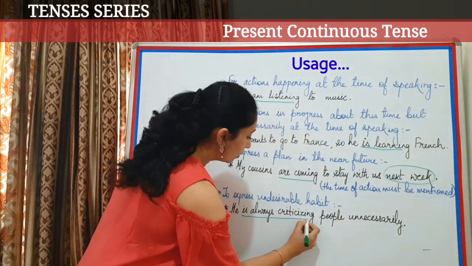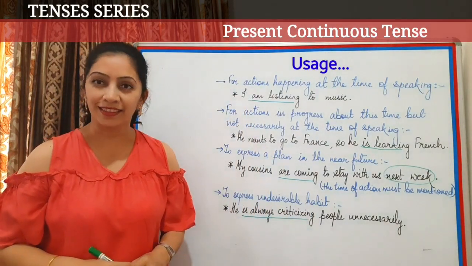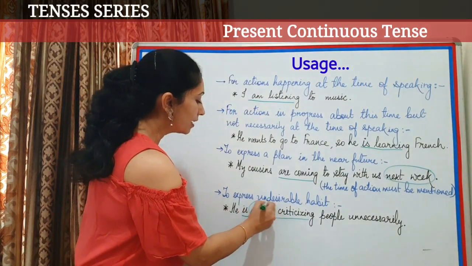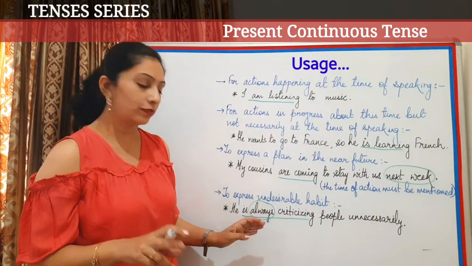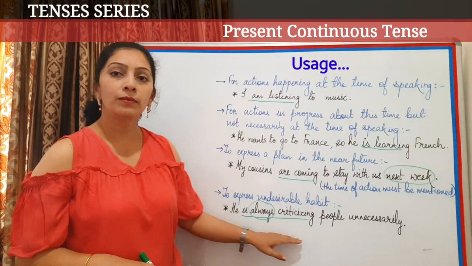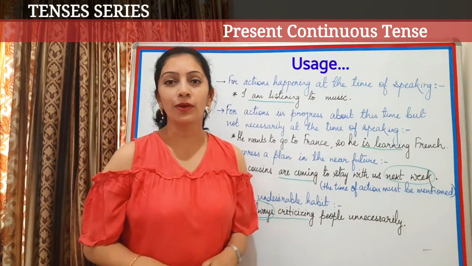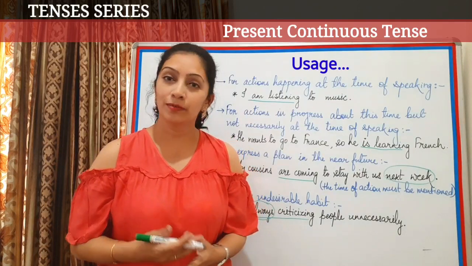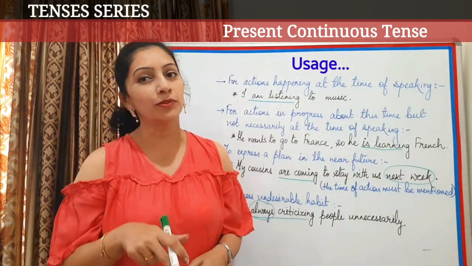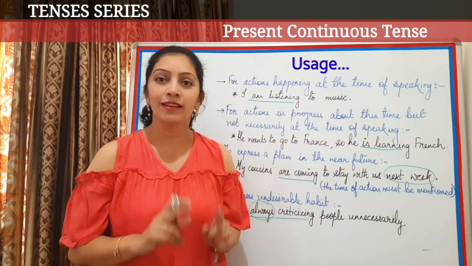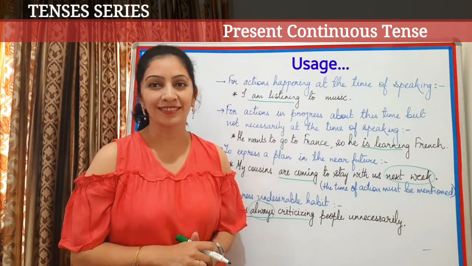Is always criticizing. Now this word always tells us that it's a habit. At that point of time also we can use present continuous tense. So here we finish all the uses of present continuous tense, and now let's move on to the exceptions, that is where all it cannot be used.